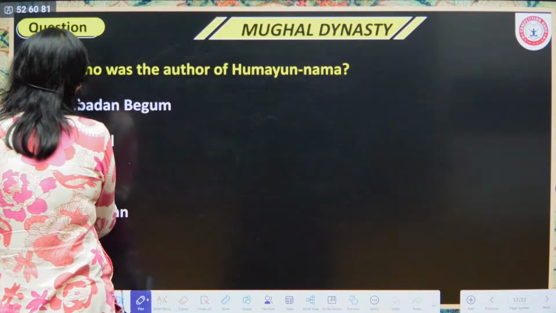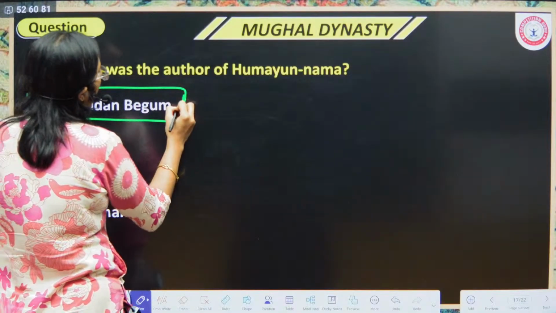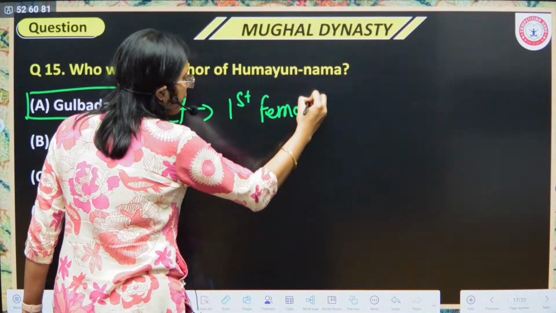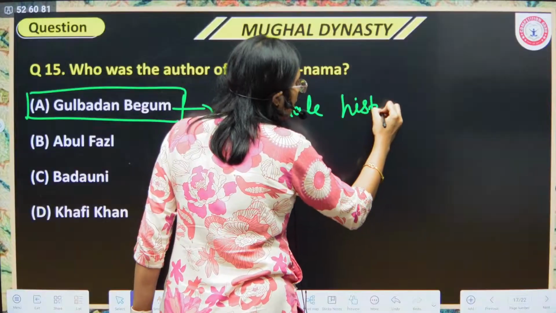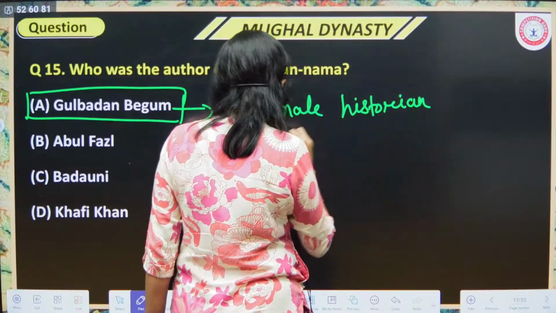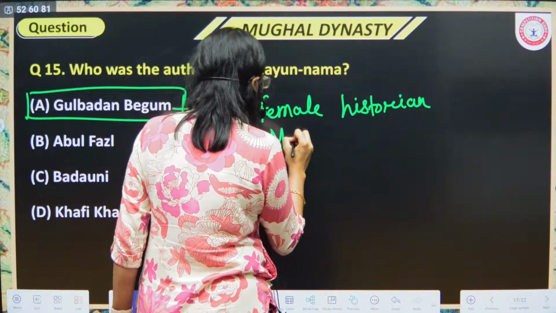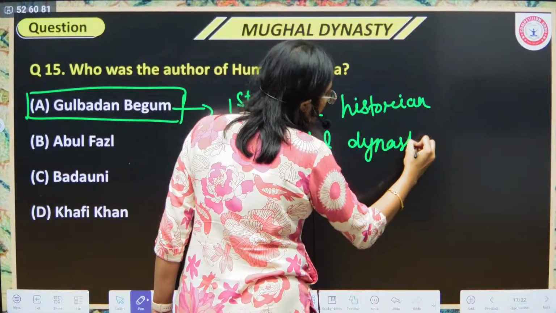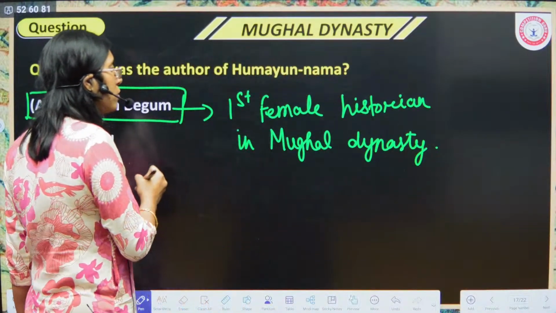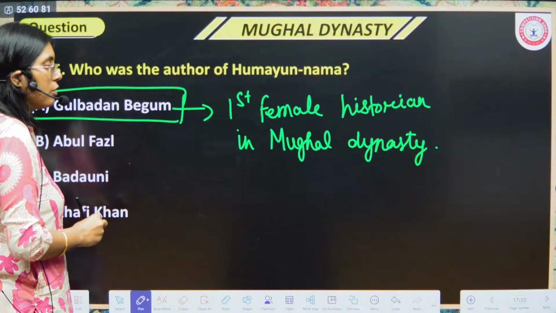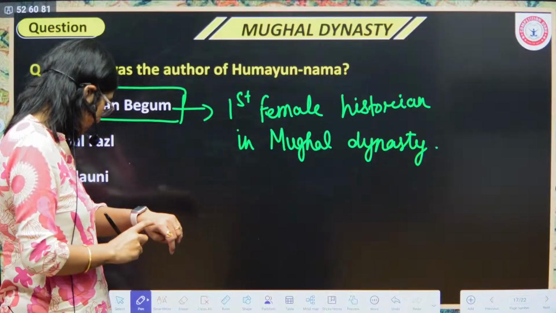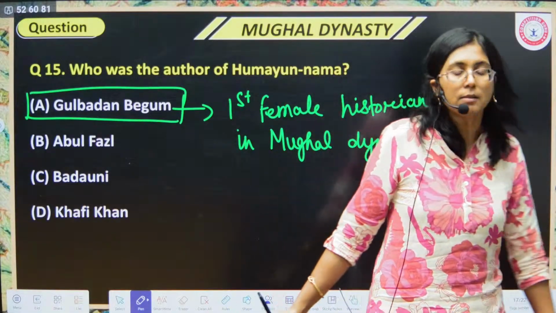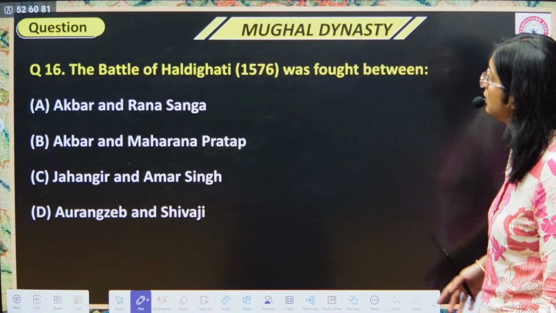Who was the author of Humayun Nama? It was written by Gulbadan Begum, and she was the first female historian in the Mughal dynasty, right? And I think we have already discussed all the other authors.